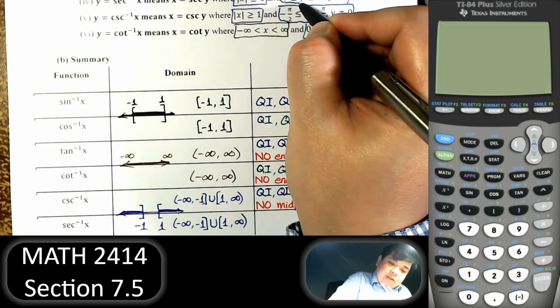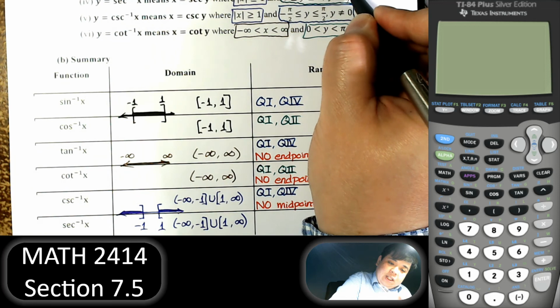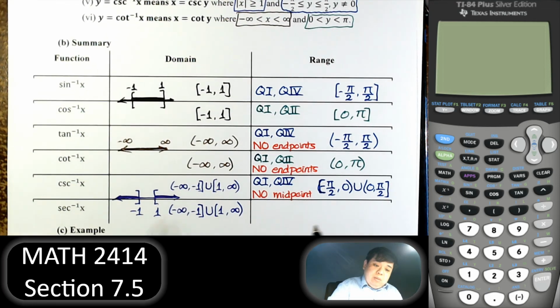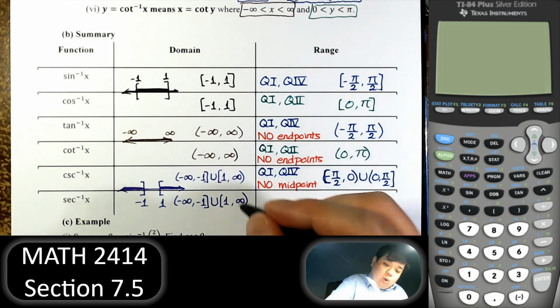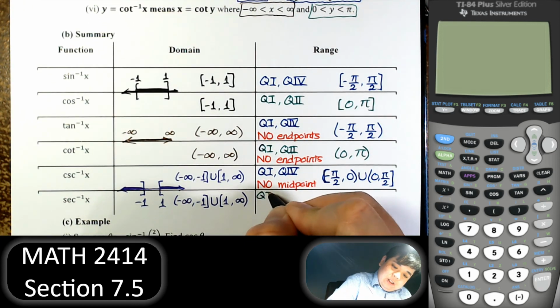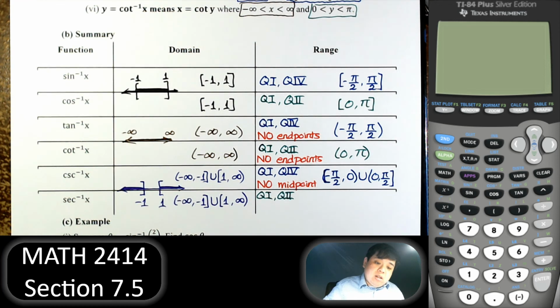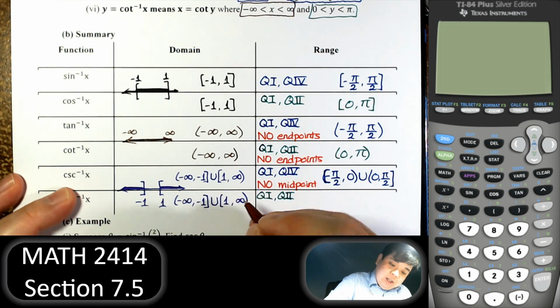And then secant inverse. Secant is the reciprocal of cosine, so it could be similar to that, also in quadrant 1 and quadrant 2. But there will be no midpoint for secant and cosecant.